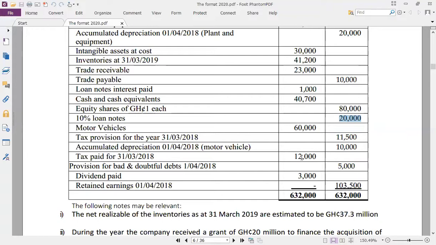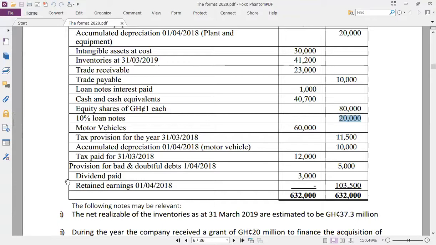It is under provided, by 500. Accumulated depreciation on the motor vehicle, 10,000, is subtracted from the 60,000 for now.